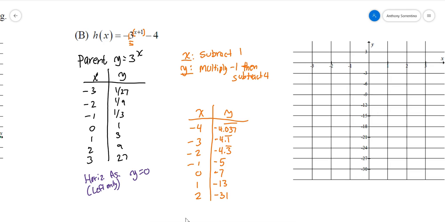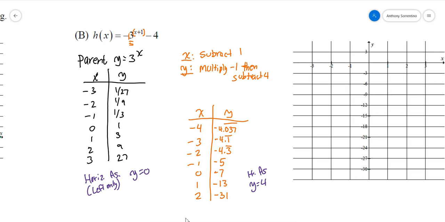Since I have these transformations, if I take this, multiply by -1 and then subtract 4, this would have y equals -4 as the horizontal asymptote. And since there was really no reflection that affected horizontals, I expect the horizontal asymptote to still be on the left only for this one.